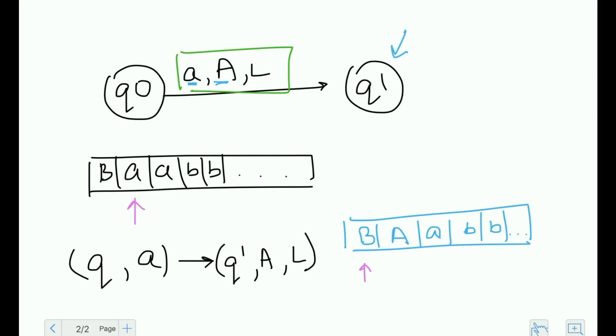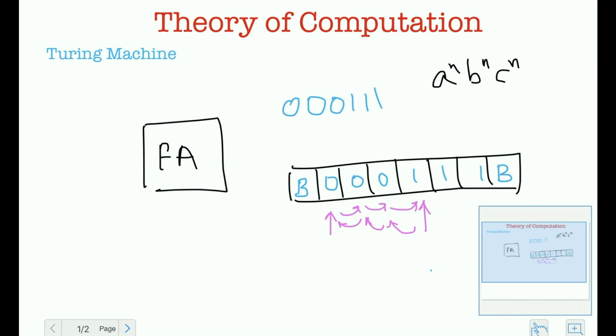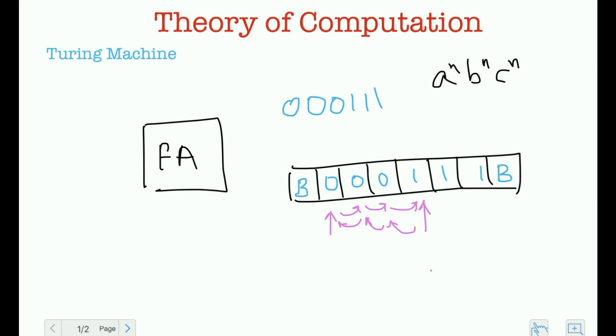One thing that I would like to point out is that this entire tape that we have here is read-write memory. So we should be able to read and write at any location on the tape wherever our cursor is. And we'll see what happens when this tape just becomes a read-only thing.